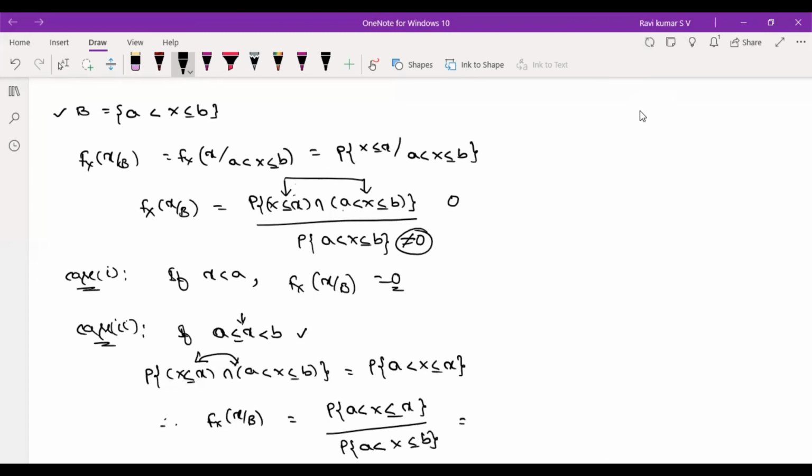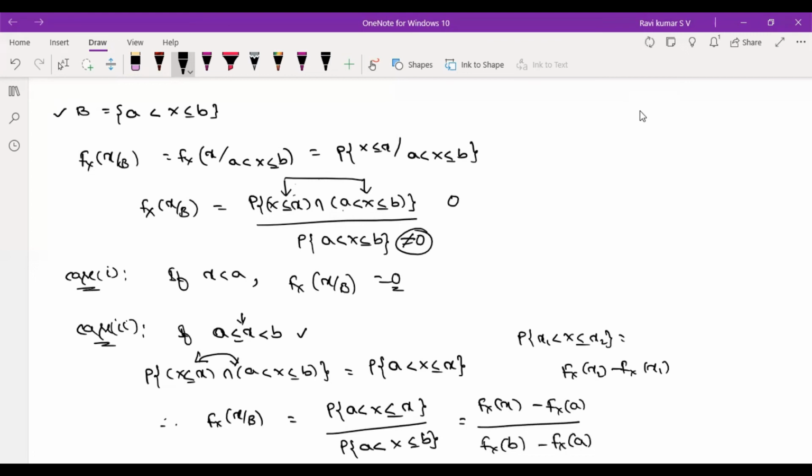As per the properties of the distribution function, if I have the probability of x1 less than X less than or equal to x2, then you can take this as F_X(x2) minus F_X(x1). Using this form, it is going to be F_X(x) minus F_X(a) divided by F_X(b) minus F_X(a).